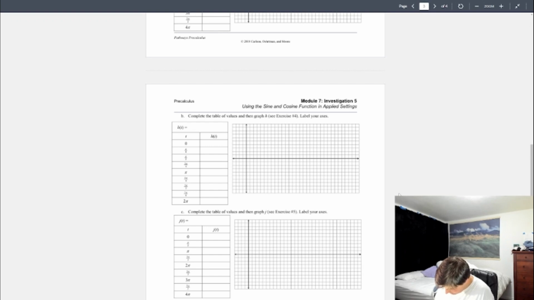Theta equals 3.8 radius lengths per second times t seconds.